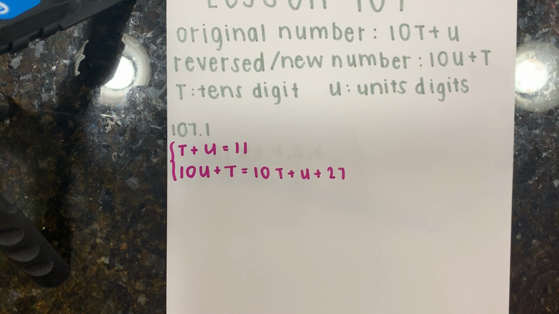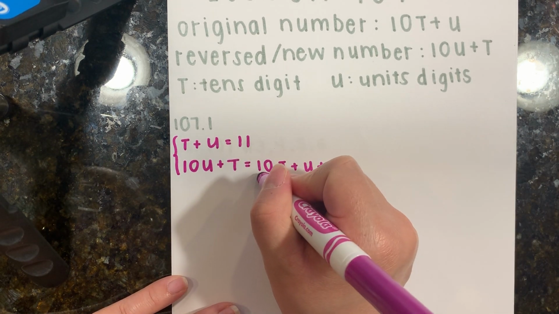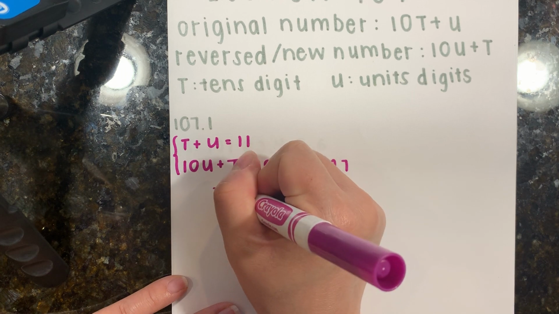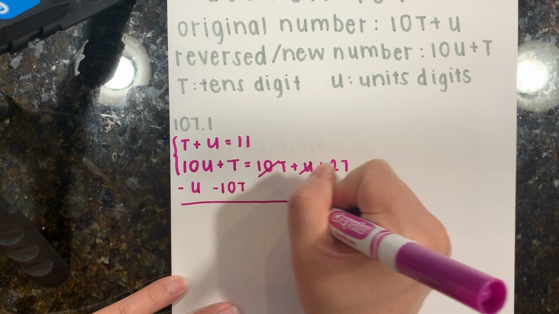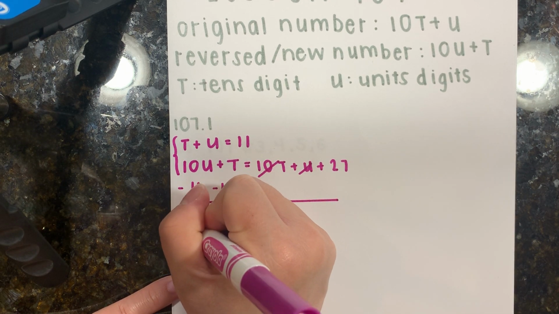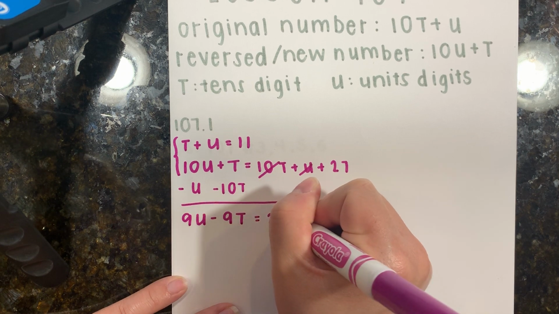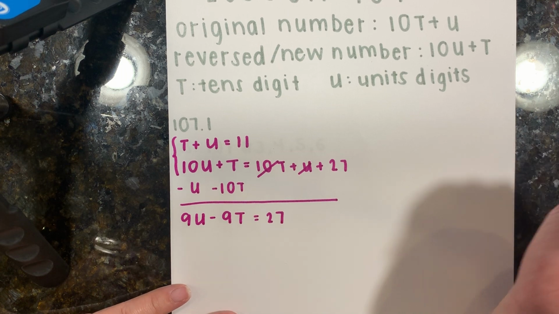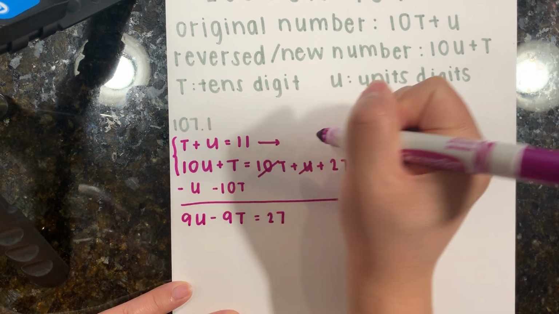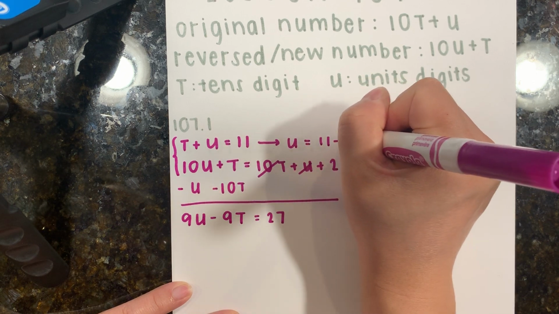Now what you have is basically two equations that you're going to solve for what u and t are equal to. What you're going to do first is bring this 10t over to the left, bring the u over to the left, and you would be left with 9u minus 9t is equal to 27. Now you could do substitution or elimination at this point. You could solve this equation for u and get u is equal to 11 minus t.